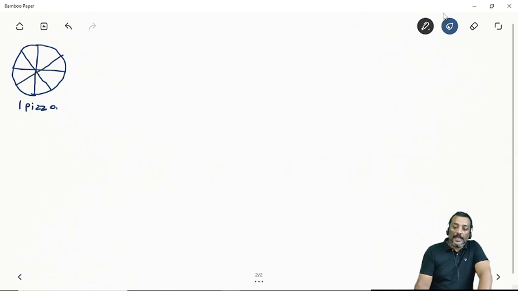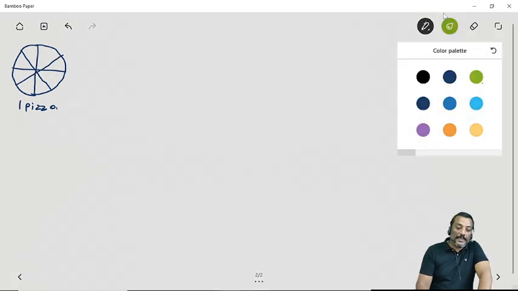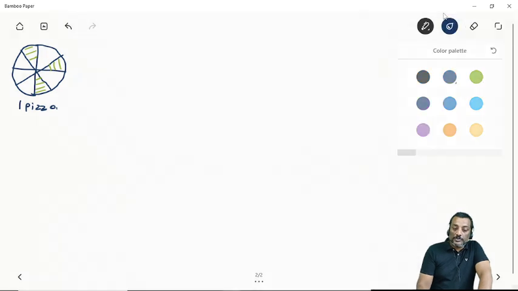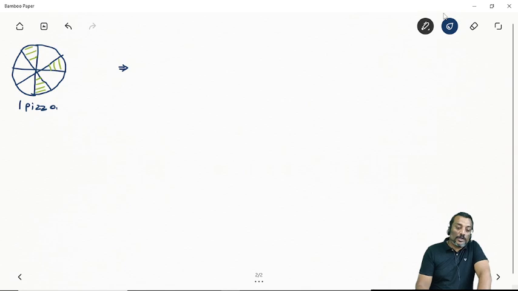Okay, and in this one if I say, hey, I have eaten 3 parts, 1, 2 and 3, so how can we write this as a fraction? Again you can see, one pizza is divided into how many parts? 8 parts. So the 8 total parts is called the denominator. So 8 comes under the denominator, and how many parts are we considering? 3 parts. Okay, so we can say 3/8.